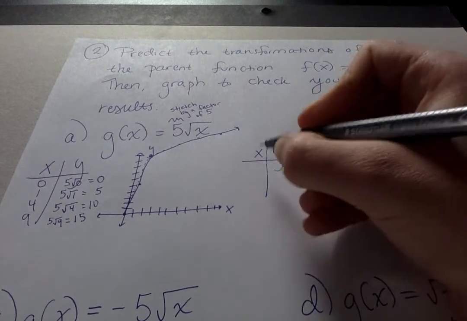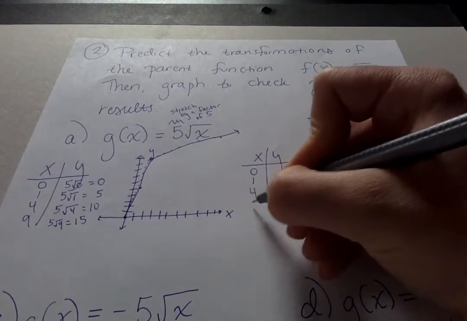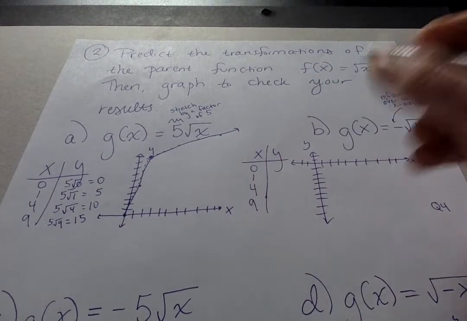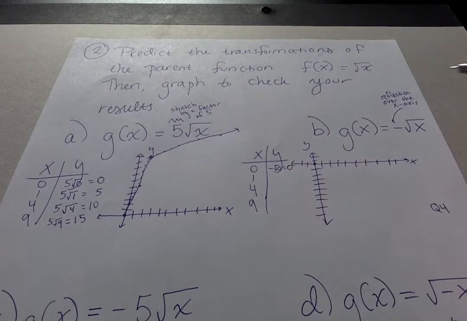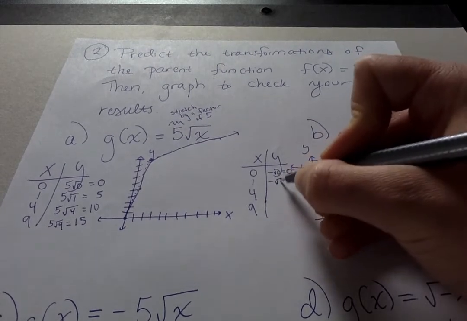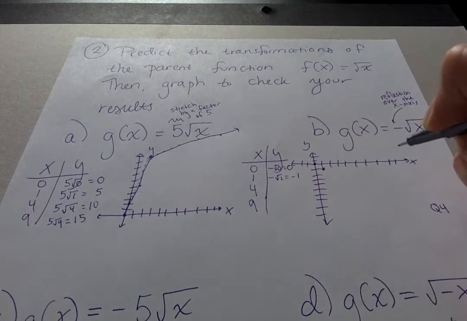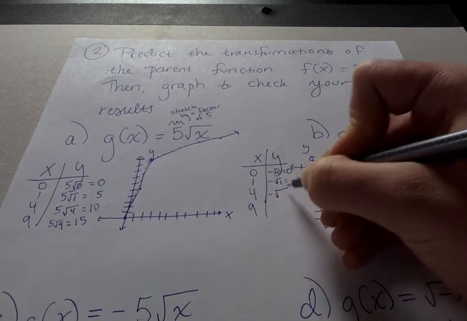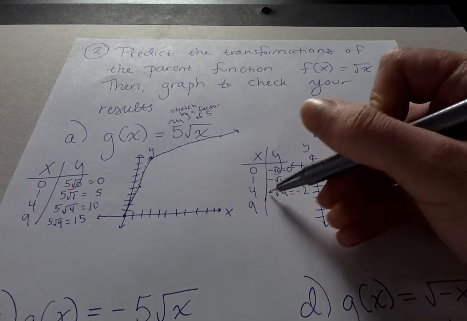So let's put in some values, such as 0, 1, 4, and 9. The negative square root of 0, well, that's still 0. Negative square root of 1 is negative 1. So I have the point 1, negative 1. Negative square root of 4 is negative 2, because the square root of 4 is 2, then I make it negative.